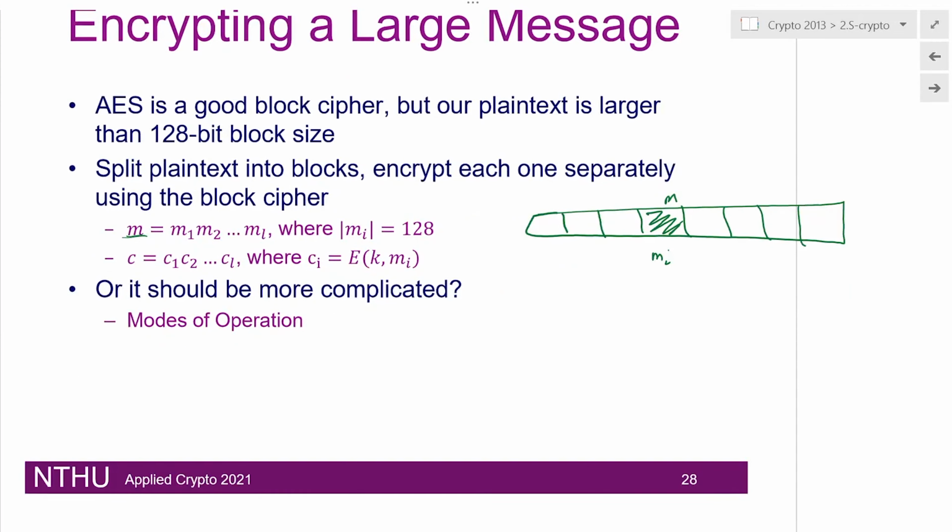And then what I would do is that I compute for every one of these Mi, the length of Mi, let's be very accurate, is 128 bits.